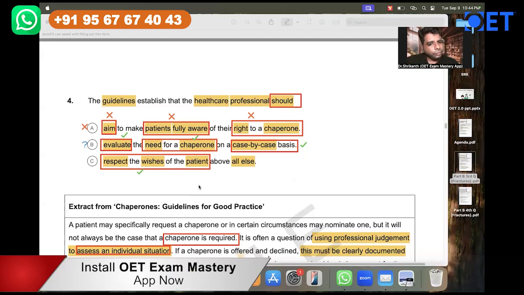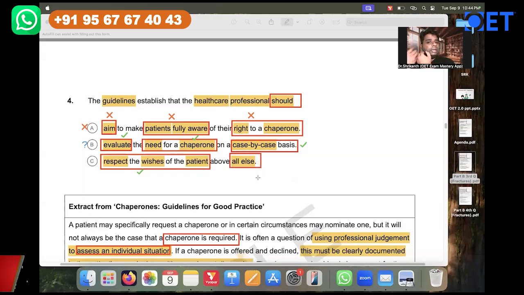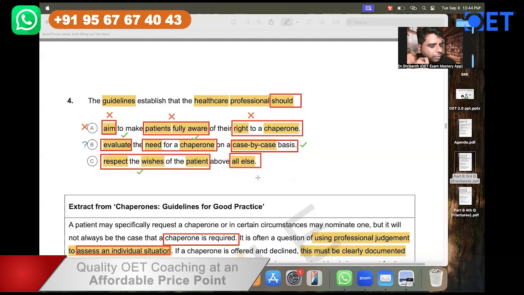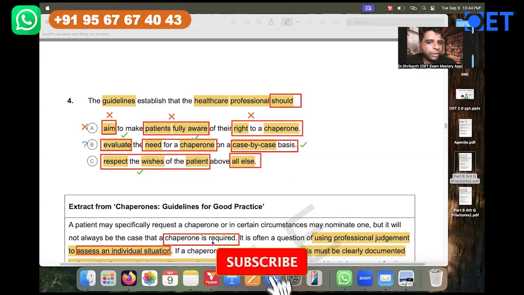That means the presence of the chaperone, right? But this particular phrase, above everything else, basically means we have to give importance fully to the patient. See over here, what is this information telling? Chaperone is required. Now listen to me very carefully.